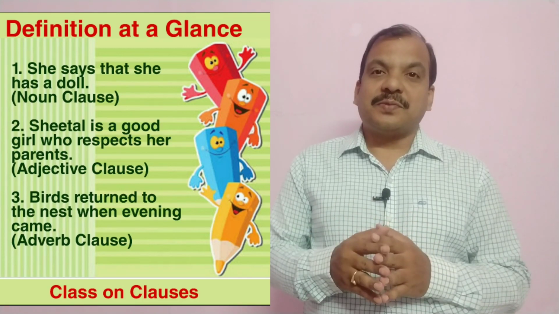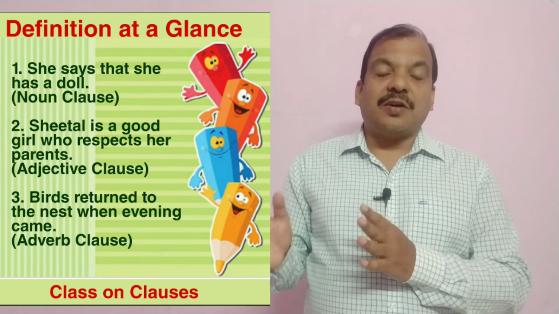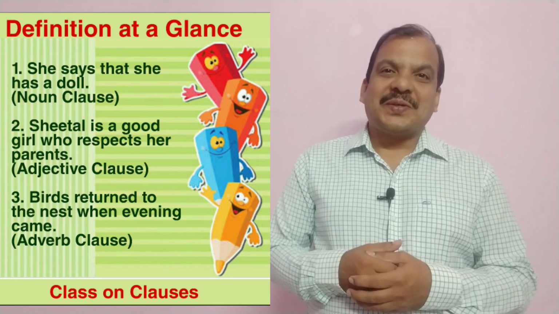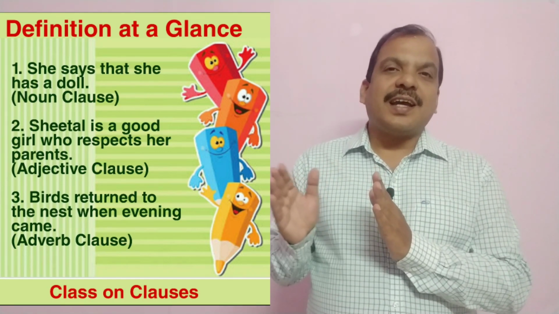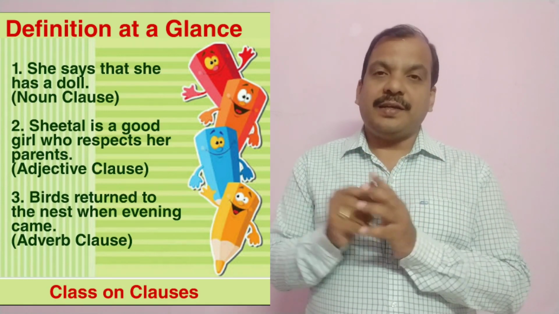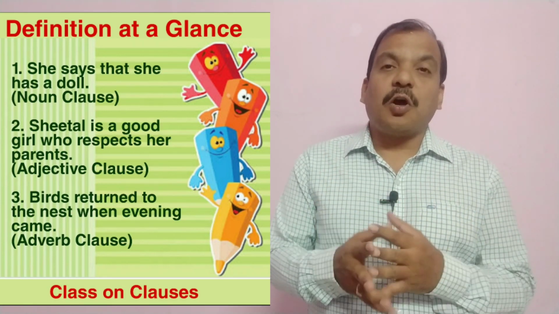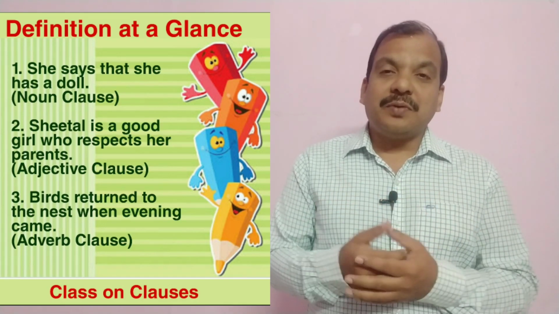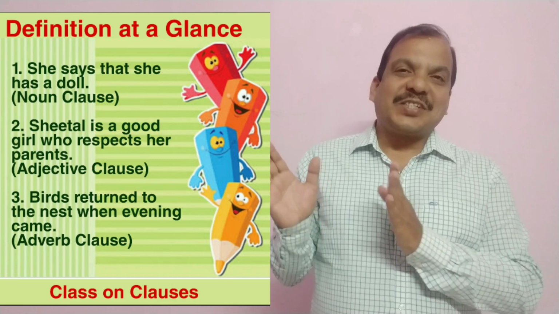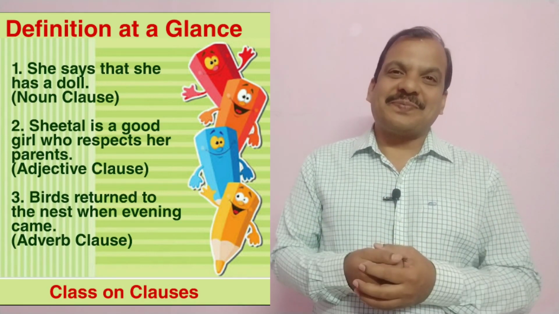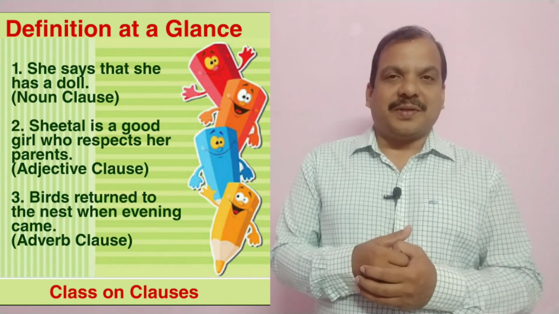She says what? She has a doll, and object is always a noun. So this that she has a doll, this clause entirely has the function of a noun. That's why this subordinate clause is a noun clause. That's all. Let's go to the second example.